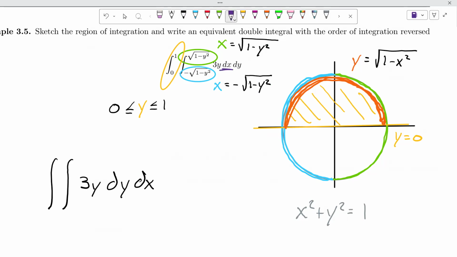Right, where previously x was my first integral, now y is going to be my first integral. I'm doing y first. Which means, again, I want a lower bound to an upper bound. My lower bound is the equation y equals 0. My upper bound, square root 1 minus x squared.